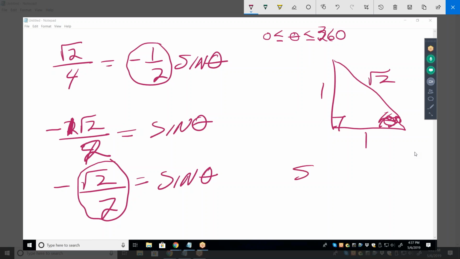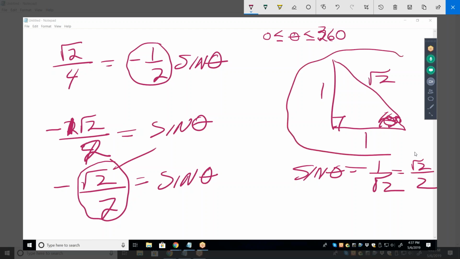So I get the sine of theta equals 1 over root 2, and I leave it at that. But if you rationalize that, you get root 2 over 2. So when you see that root 2 over 2, and this is the triangle you're used to, be able to take that leap and unrationalize it. Okay? So we're dealing with a 45-degree angle.